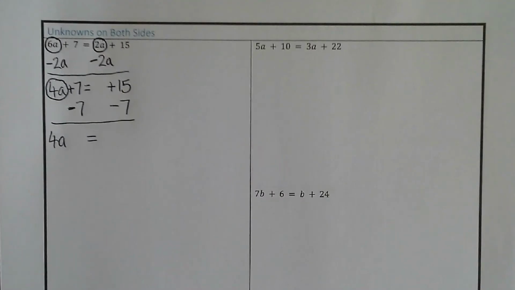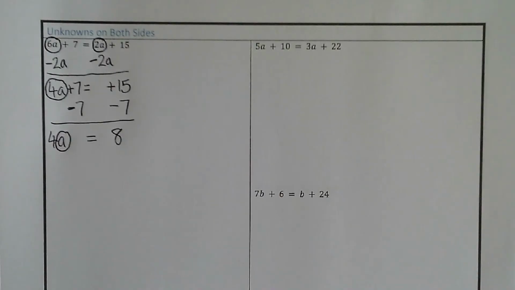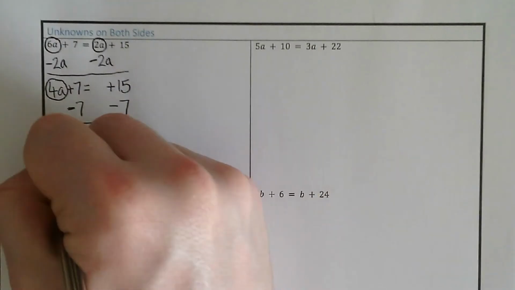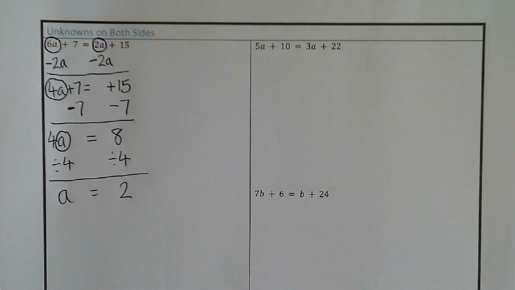The equal sign drops down, and 15 take away 7 is 8. We're still not done. A is not completely isolated. So now I need to get rid of the times by 4 in front of a. So we're going to divide both sides by 4 to leave us with a equals 2. You should now have a go at the questions on the right hand side and then mark your answers.